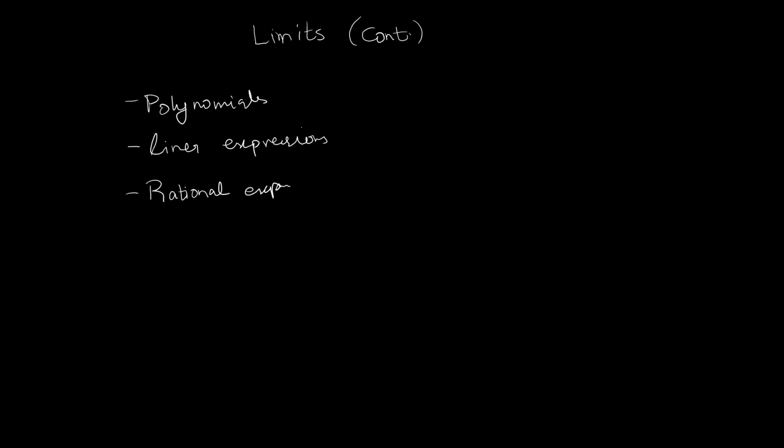Now, the real fun starts when substitution gives something like 0 over 0. And this is what we call an indeterminate form. And when you see 0 over 0, you need to simplify the expression before substitution. Let's do a classic example.